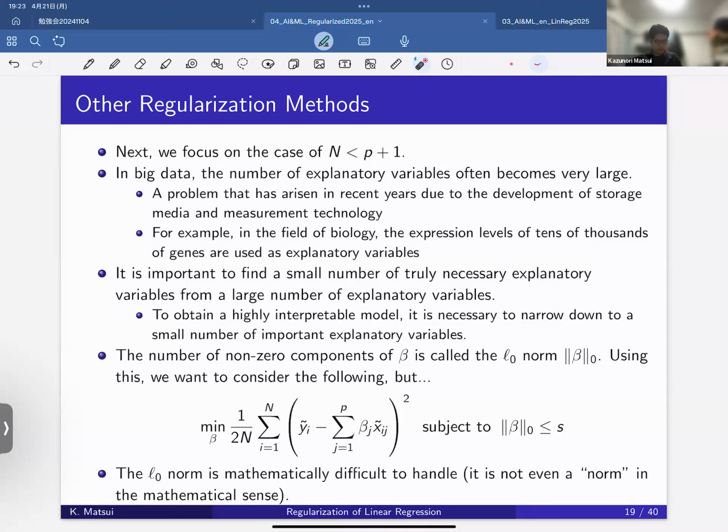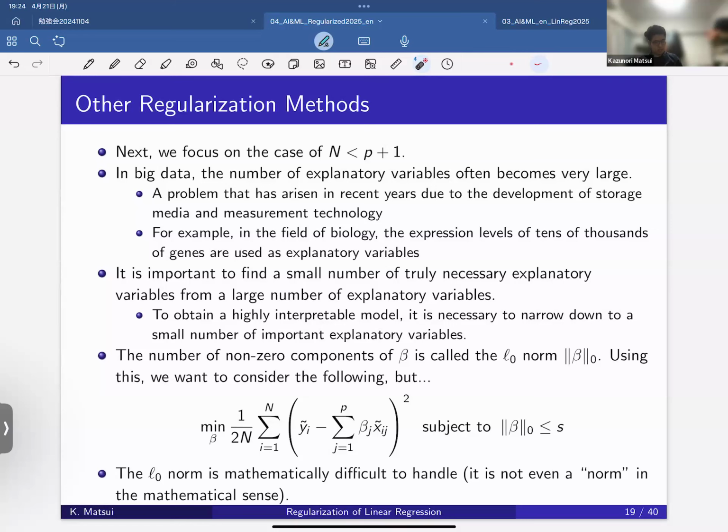You might wonder if such a situation actually occurs, but when dealing with big data, the number of explanatory variables can become very large. This is a problem that has arisen in recent years due to the development of storage media and measurement technology. For example, in biology, the expression levels of tens of thousands of genes are sometimes used as explanatory variables.